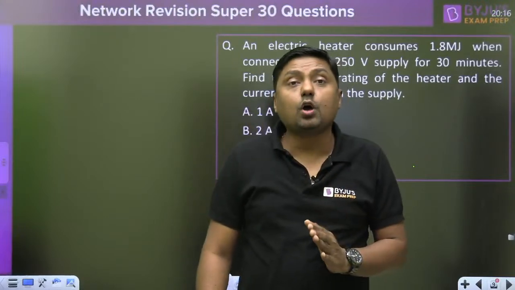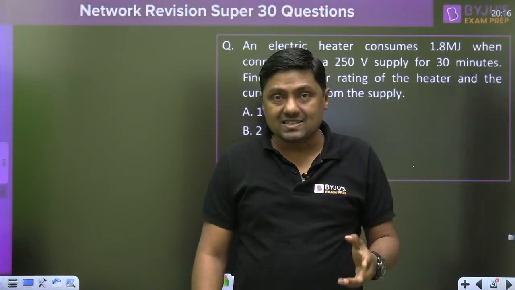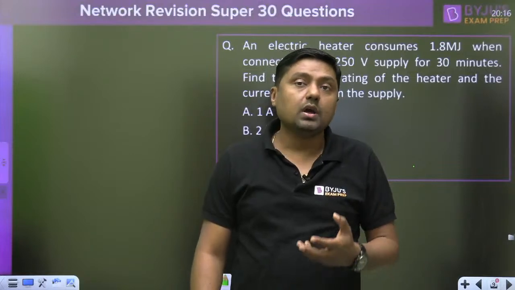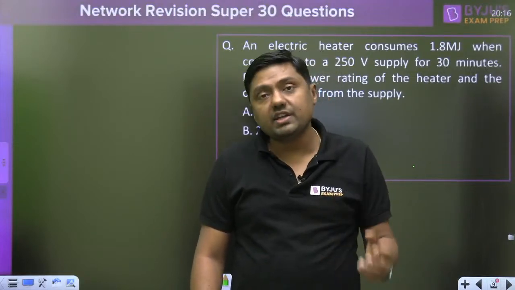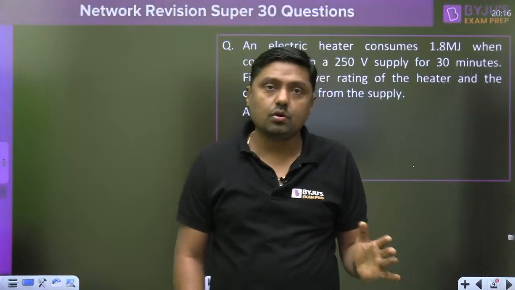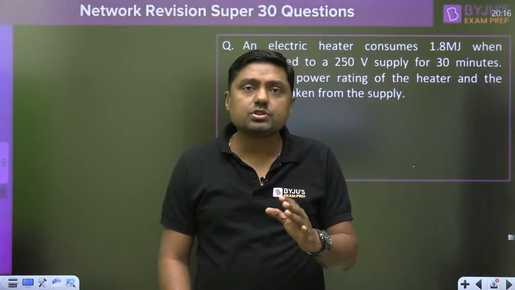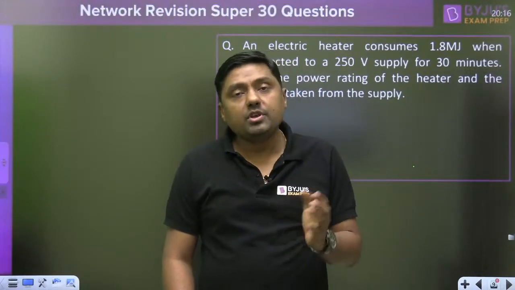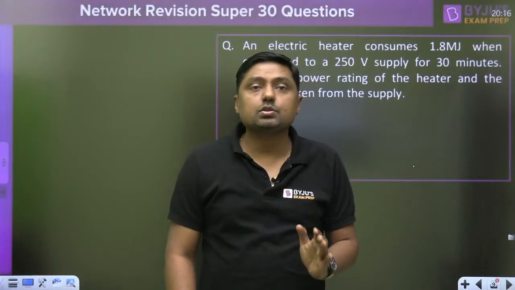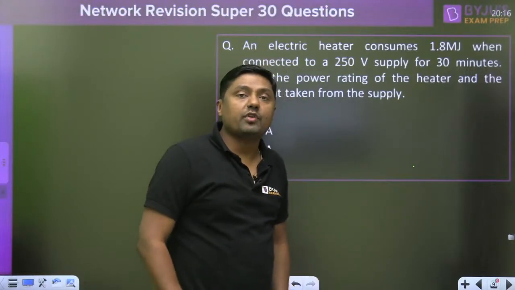I am trying to give you the concept through questions, for example transient, two-port network, Bartlett's bisection theorem, lattice equivalent. Approximately 30 questions we are going to discuss from each topic. This is a complete revision of network.